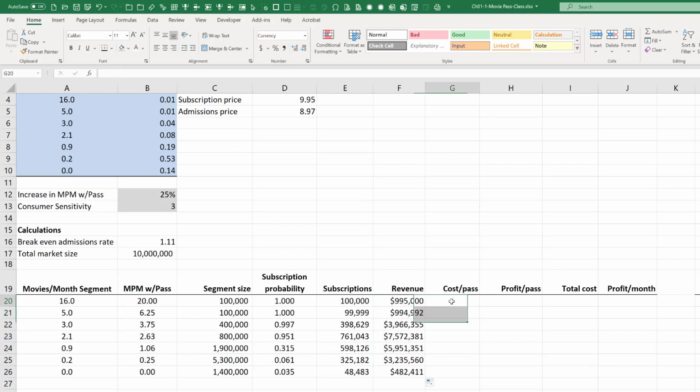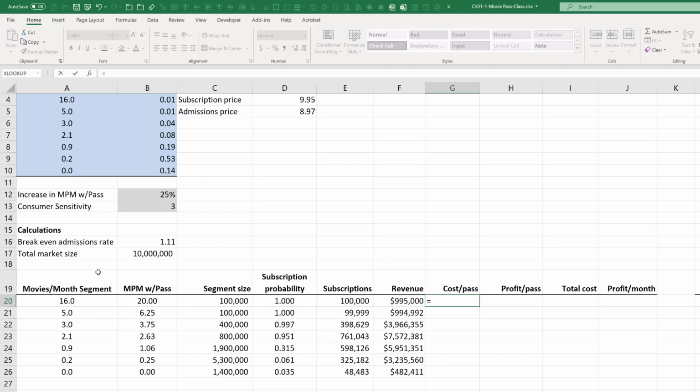All right. Now, cost per pass is, okay, so now that would be the number of, for each pass, that's the movie going rate after purchasing subscription.